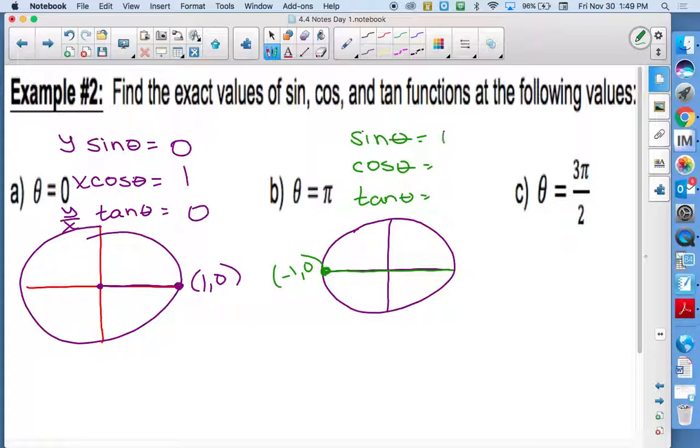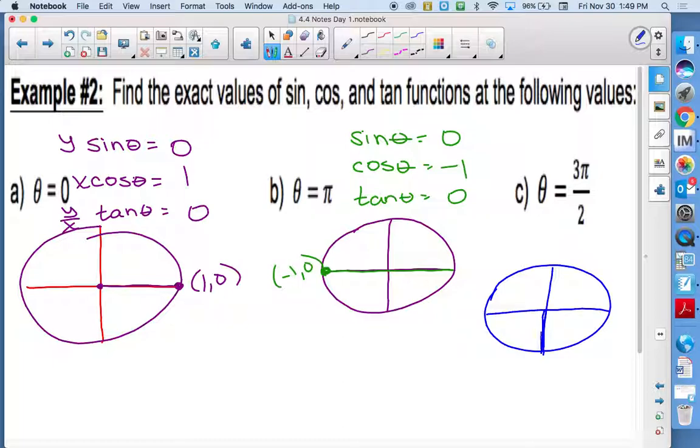Yeah, sine is just 0. The sine is the y. The radius would be 1. So 0 divided by 1 is 0. Virginia, the cosine would be -1. And then the tangent is 0. Y divided by x.